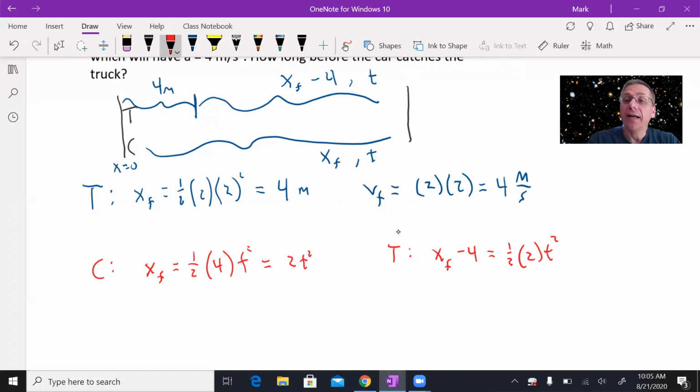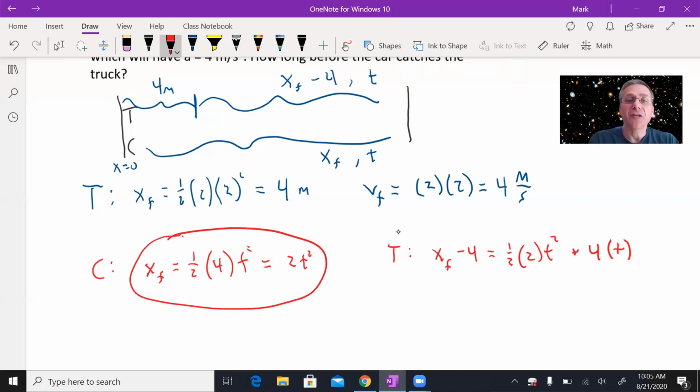But now it also has an initial speed when the car is first starting, and we just figured out the initial speed is 4, multiplied by whatever that time is. Think about how I'm setting this up. So we have a little system here.